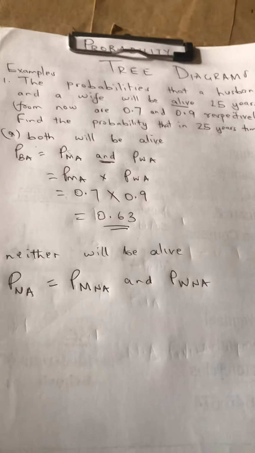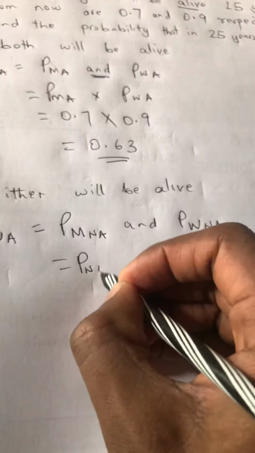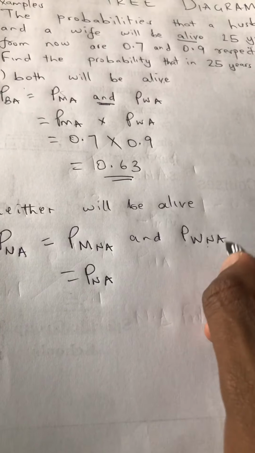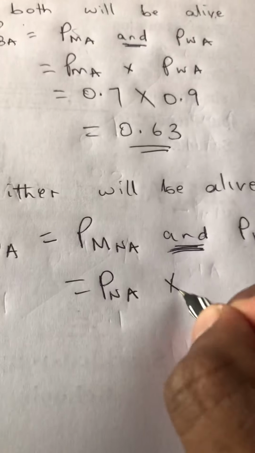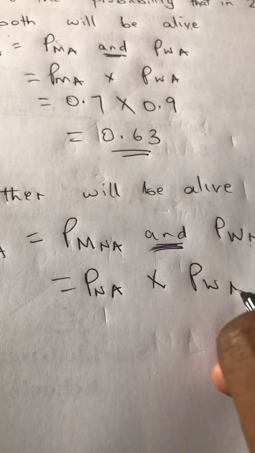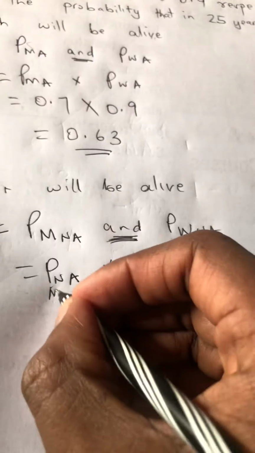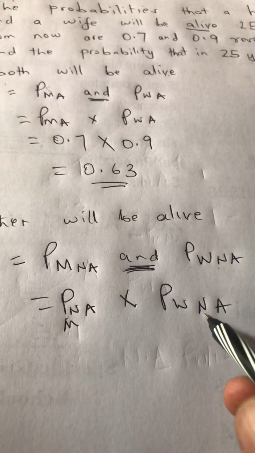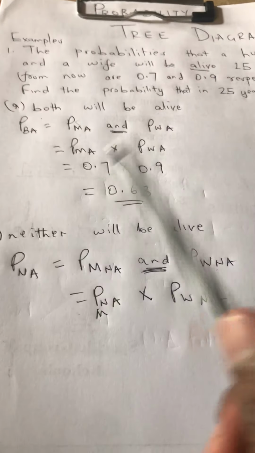That okay? Nice one. And we have already agreed that "and" means multiplication. So this will be the probability that man is not alive multiplied by the probability wife not alive. Reason: we have been told neither will be alive.